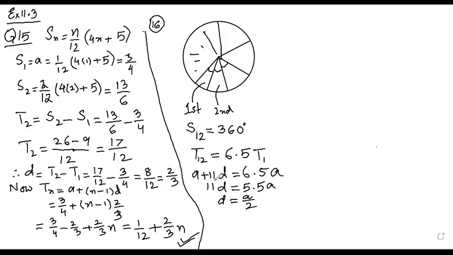D is equal to A upon 2. So we can name this as equation 1.